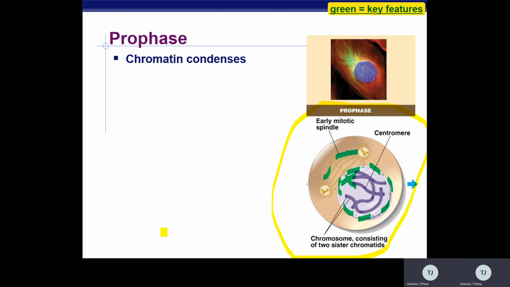So on your test, it's really important that you know what happens during prophase, like each phase. So including interphase, you want S and G2, but make sure you also know what the cell looks like, what is there and what is not there. So again, in prophase, the nucleolus disappears, the nuclear membrane starts to break down, the chromatin is now very condensed. You start to see the spindle fibers and the centrioles.